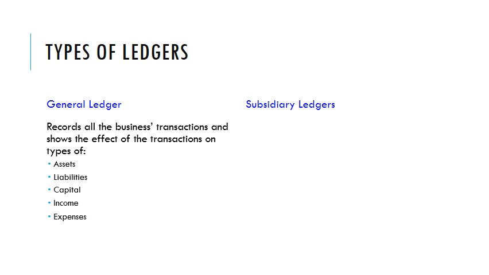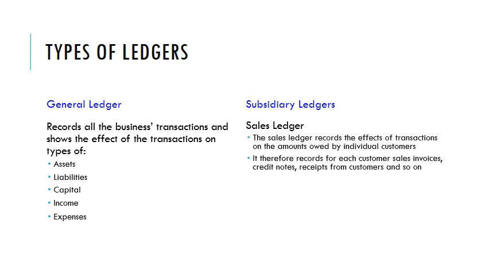In addition to the general ledger, we will also have two subsidiary ledgers. The sales ledger, first of all, in which we record anything that affects the amounts owed by individual customers. So we'll record each customer's sales invoices, credit notes, sales receipts from customers and so on, so that we can calculate how much each individual customer owes the business.